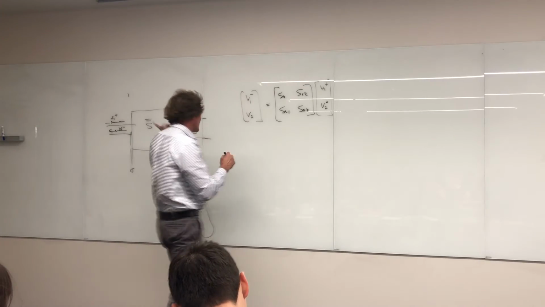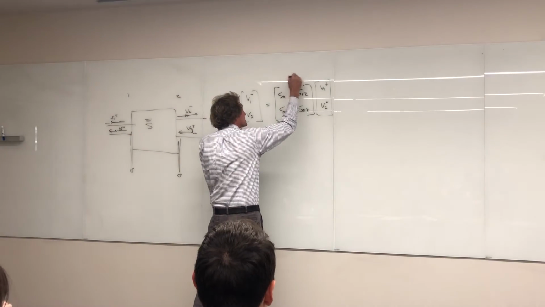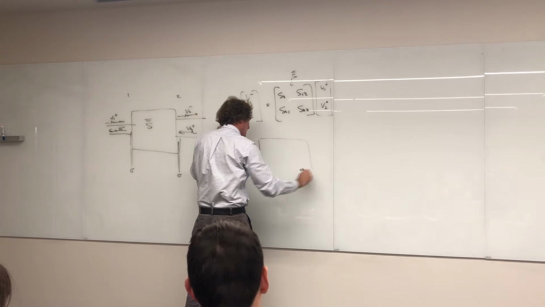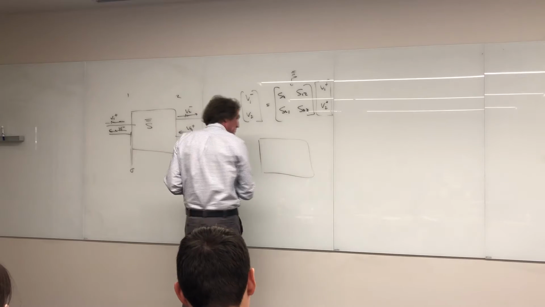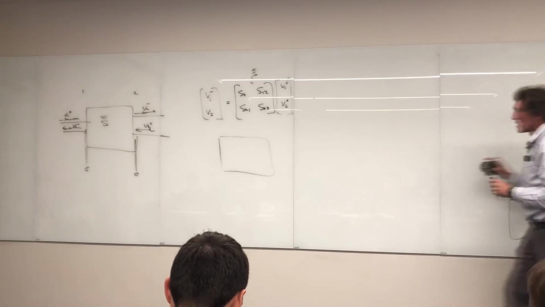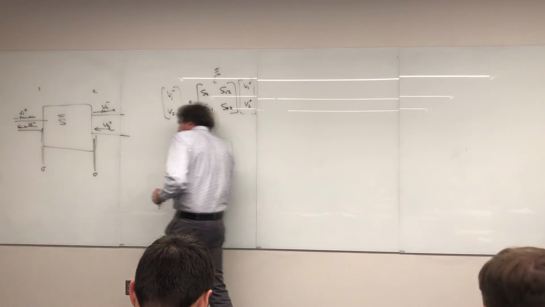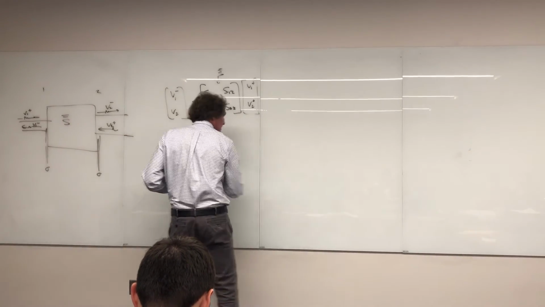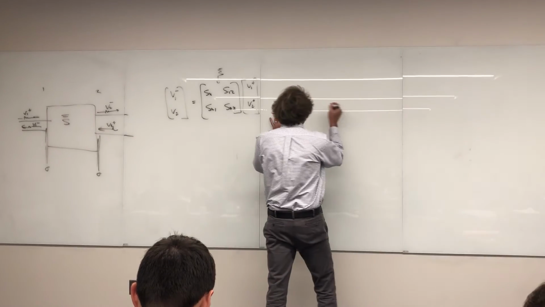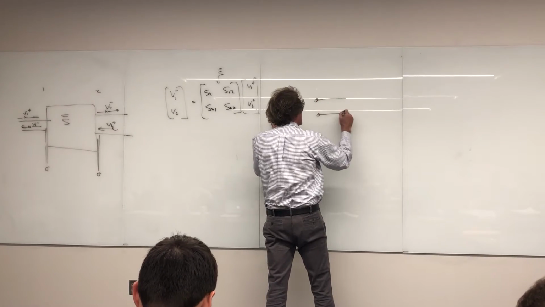If we had that same S parameter matrix, that's this, and now I'm going to put it over here. And now I have this, where I have a length of cable.